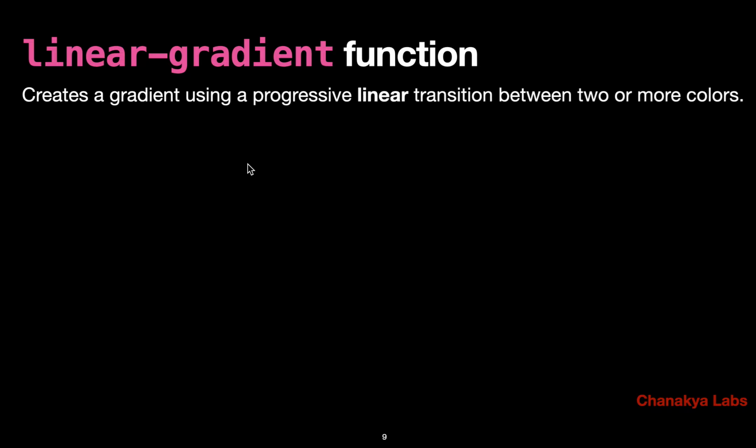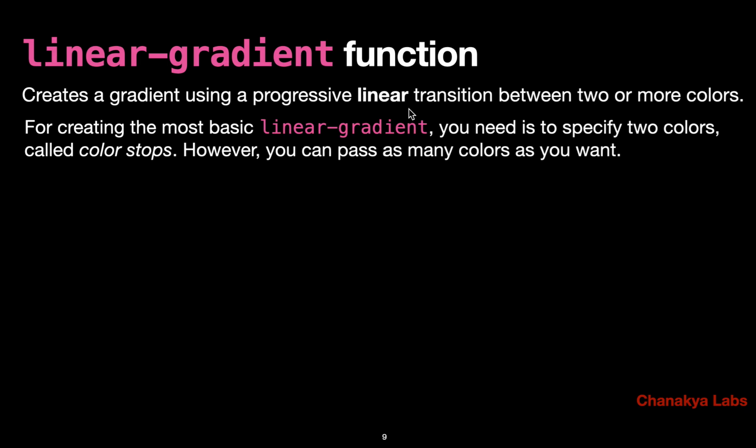Linear gradient is basically just a function which creates a progressive CSS gradient, but the transition is linear. We will come back to what we mean by linear transition. The transition happens between two or more colors, which means that at least two colors are needed. And these colors among which the transition is happening are called color stops.